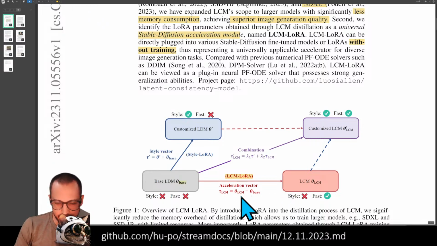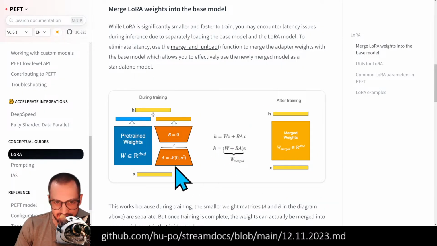Whenever you're using a LoRa, you're basically combining the weights together. So if you're actually going to use a LoRa, you can either merge the weights in, which means that rather than saying I'm going to take my original weight matrix times the input plus my B and A matrices times the input, and that's going to be my output.